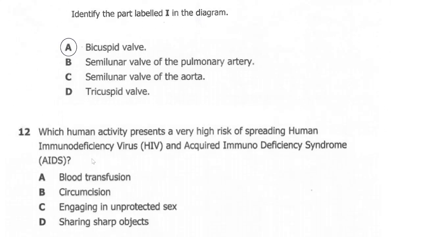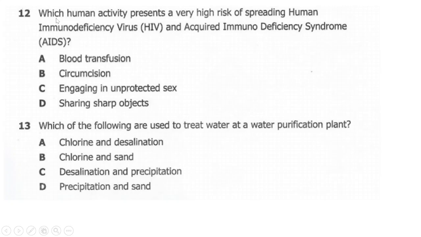Yeah, the other one is tricuspid valve. Then we move to question 12, which says, which human activity presents a very high risk of spreading human immunodeficiency virus HIV and acquired immunodeficiency syndrome AIDS?